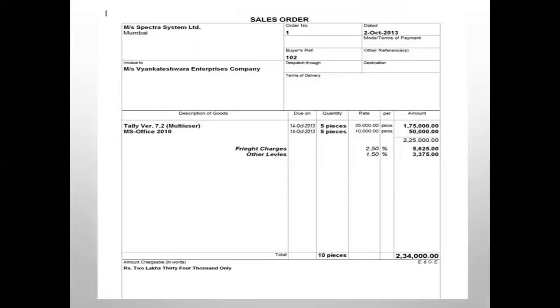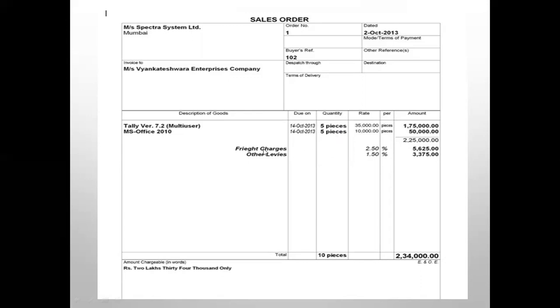This is issued by a trader to a customer. So here it will be written sales order, the name of who is issuing, invoice to whom, that is the customer's company name, the order number, date, the buyer's reference, and the description of the goods as usual.